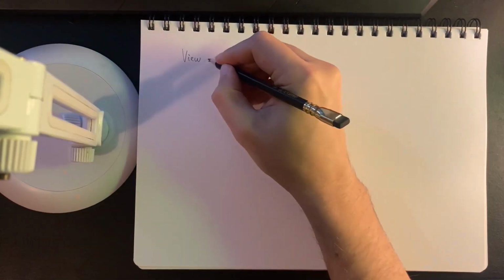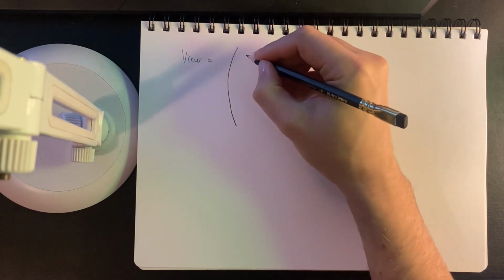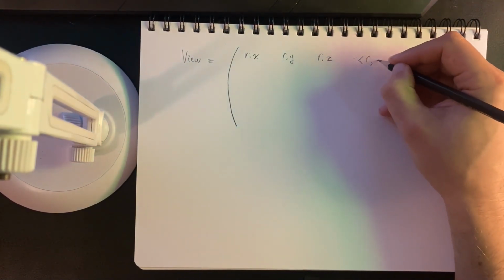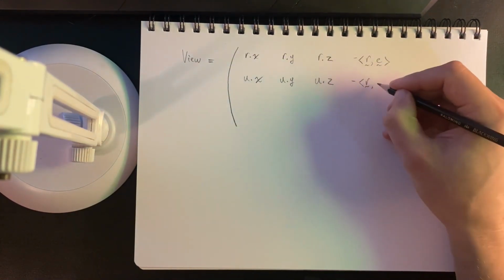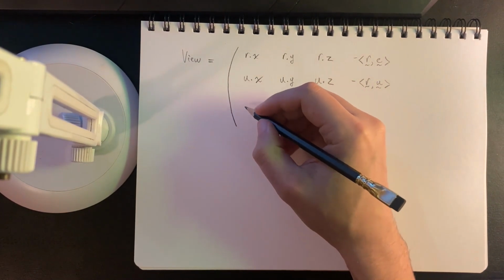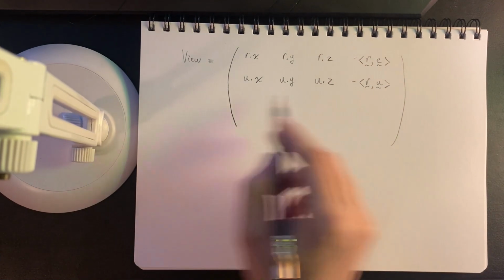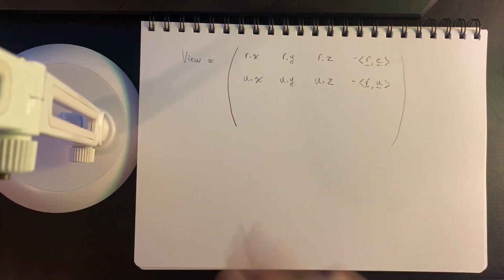Okay, so this has been a long one, but to put it all together, the view matrix will basically be... I'm going to make a little bit of an adjustment here. So far so good, but when we come to the Z component, I'm going to flip that around and make that Z negative.